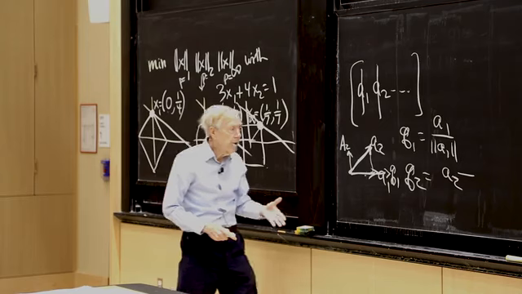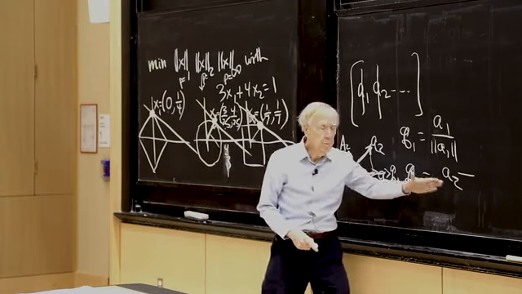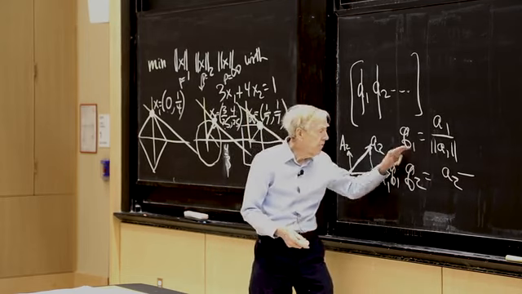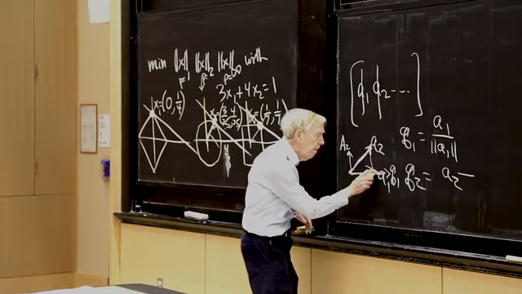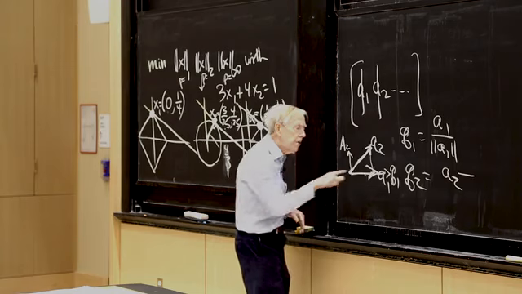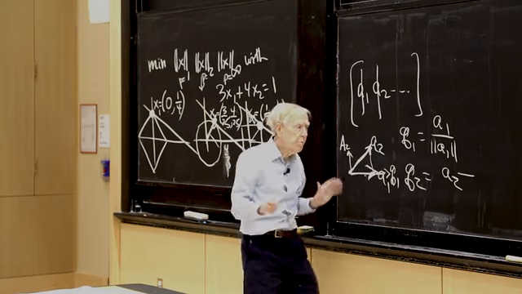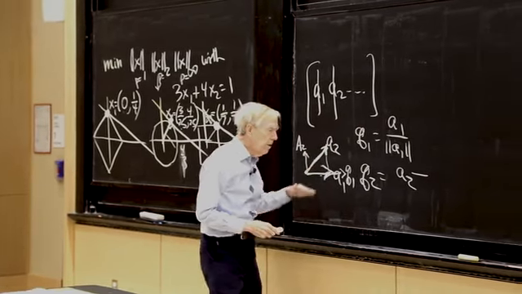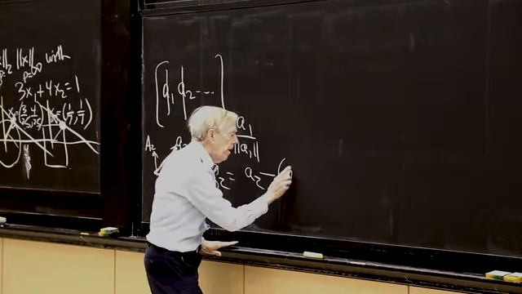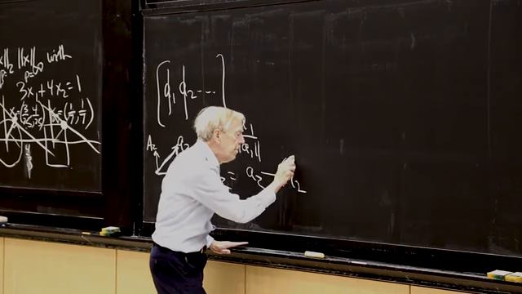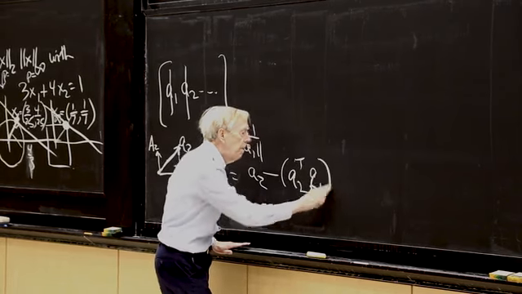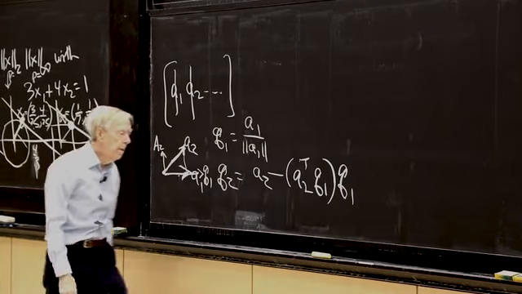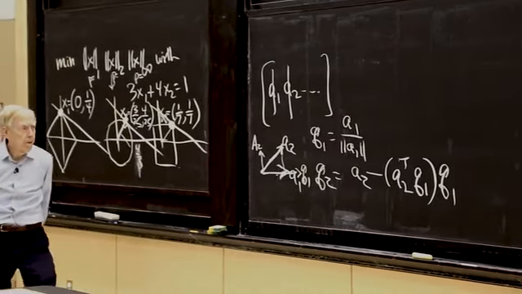What's the component of a2 that I want to subtract off? It's the component in the direction of q1. Obviously that angle is coming into it. So that'll be a2 transpose q1 times q1. That's the component that we remove.